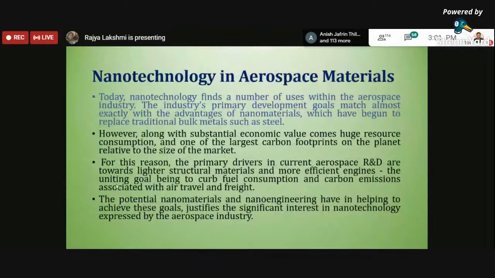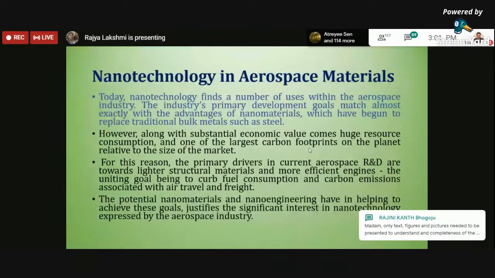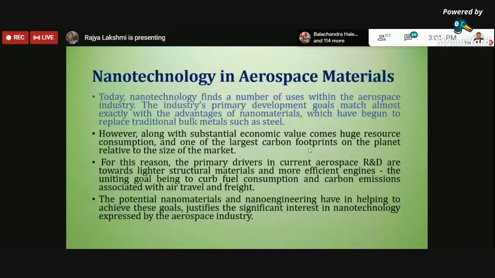When it comes to the aerospace field, nanotechnology has a lot of impact on aerospace materials. When it comes to aerospace products, especially aircraft, when we are trying to fabricate the craft or any other aerospace product, the important property which people expect is less weight, because it should fly.